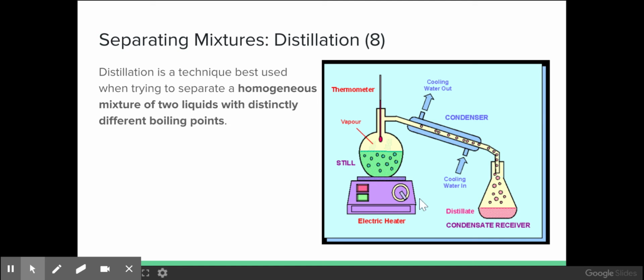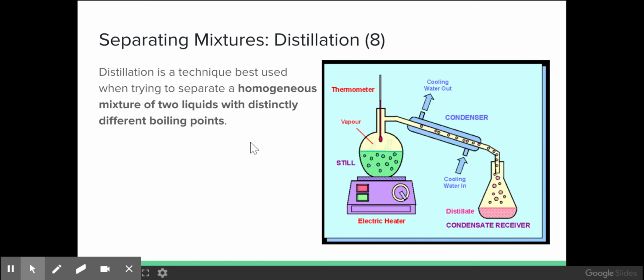By heating the mixture of the two liquids, we can cause one of the two liquids that has a lower boiling point to boil, condense, and be caught in a separate container at a different temperature. The substance that has the higher boiling point will be left over in this flask on the left.